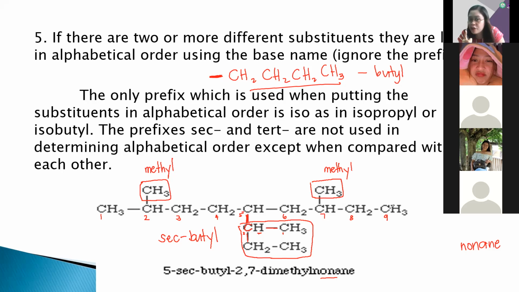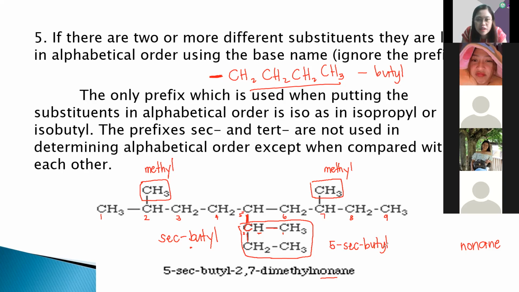Magko-concentrate talaga tayo sa pag-alphabetical doon sa name talaga na nagre-represent ng number of carbons. So mauuna si butyl class kasi letter B yan siya. So pag isusulat mo na siya, anong carbon nakalagay si sec-butyl? Carbon number 5. So isusulat mo siya as 5-sec-butyl.